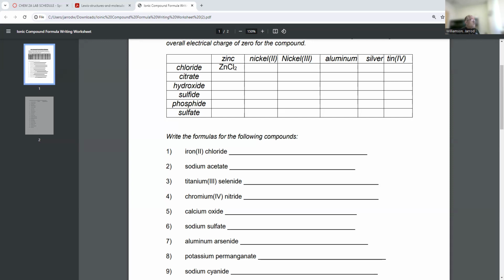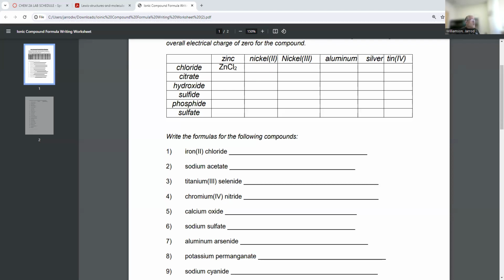Okay, so let's say we're going to do nickel citrate.